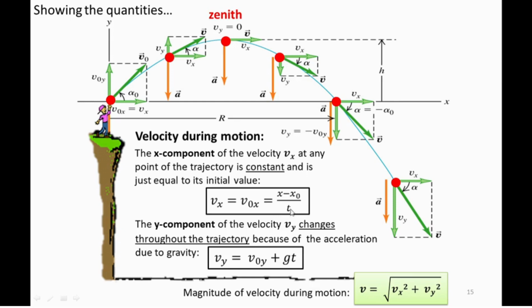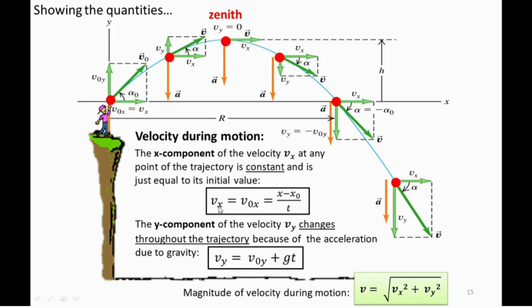However, for the y component of the final velocity, we have an equation here given by the initial velocity plus the acceleration due to gravity times the time. This equation is of course taken from the kinematics equations. So this is the difference in calculating the final velocity of the projectile.